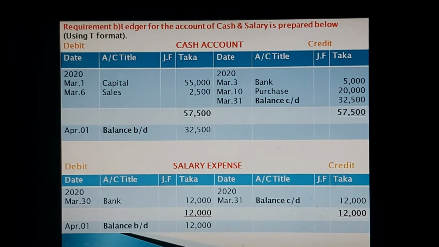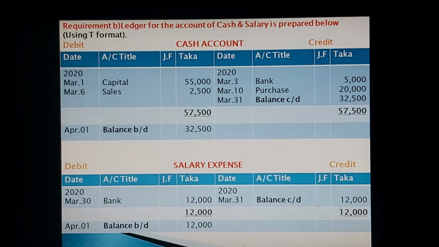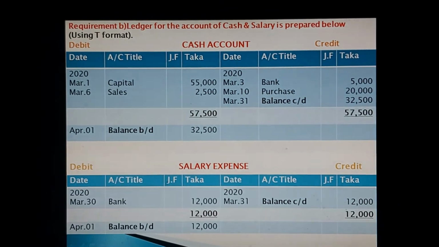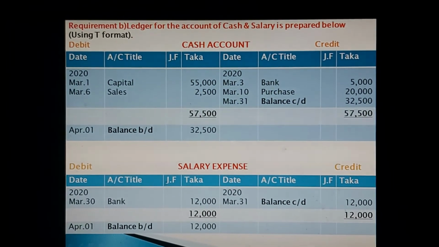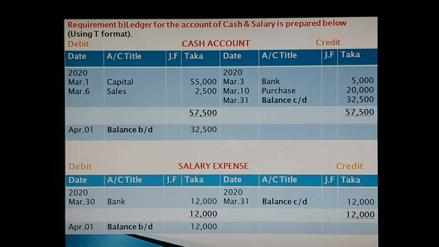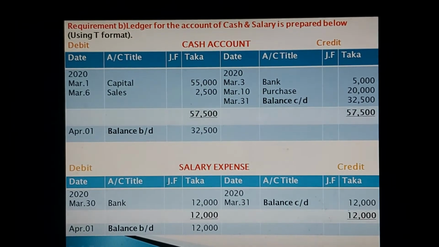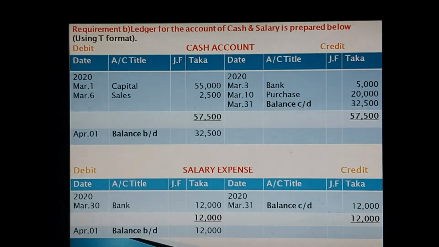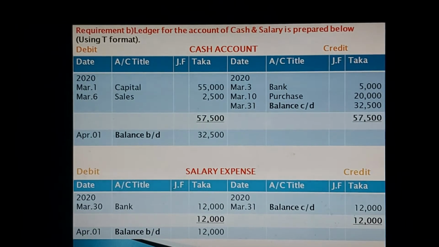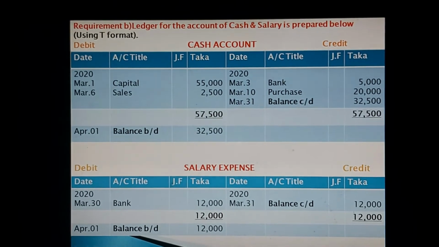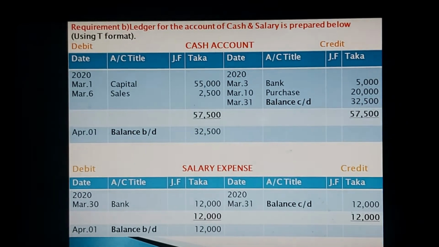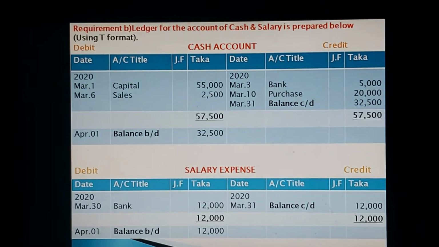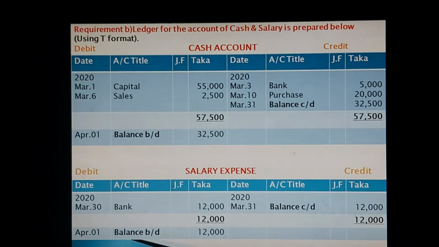So at first you have to total the debit side, 57,500, and this amount will be carried to the credit side, 57,500. Then from 57,500 deduct the total amount of 25,000. This is the balancing figure, an amount of 32,500.